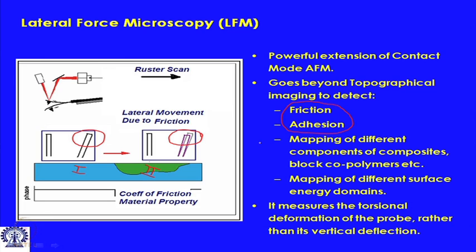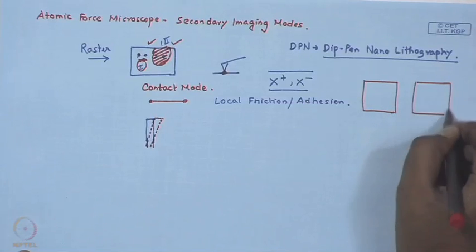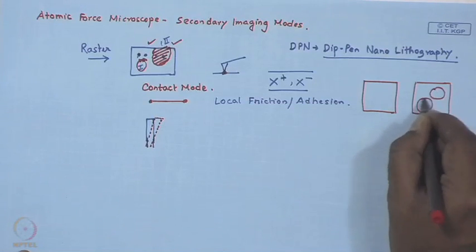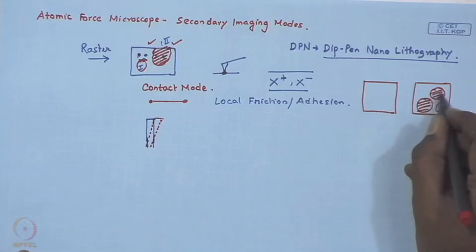Okay. So, in this way you can map different components of composites or different domains of block copolymers or blends on a surface, even when there might be no topography. So, you can have situations where the topography looks perfectly flat, but you can find out that there are different domains which appear in the friction image or the lateral force contrast.